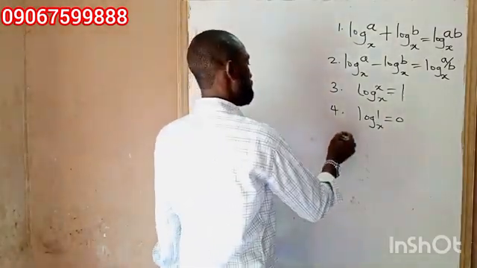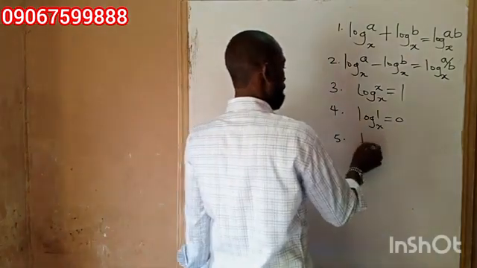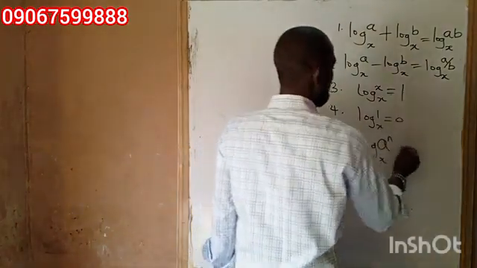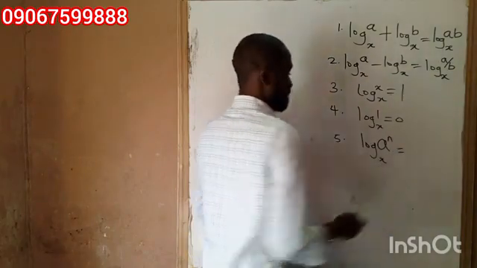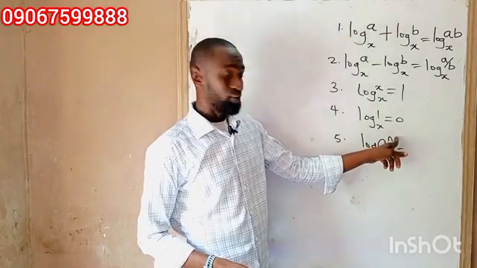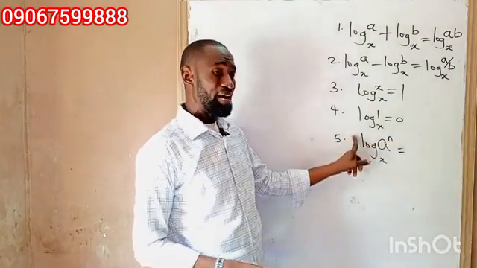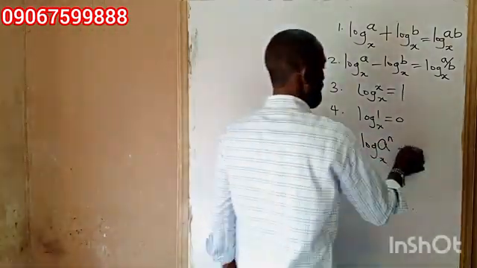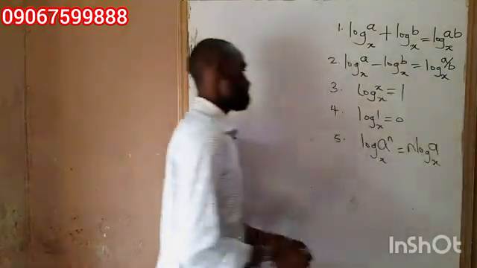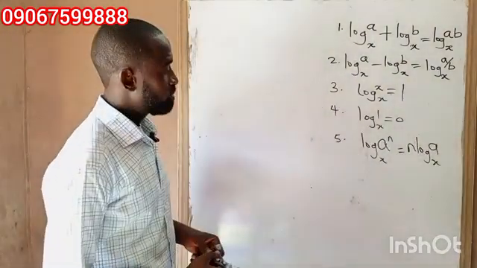The fifth one, if I have log of a raised to power n base x, this number here is carrying another power, so the power will come to the back. That will now be n log a base x. That is the fifth one.